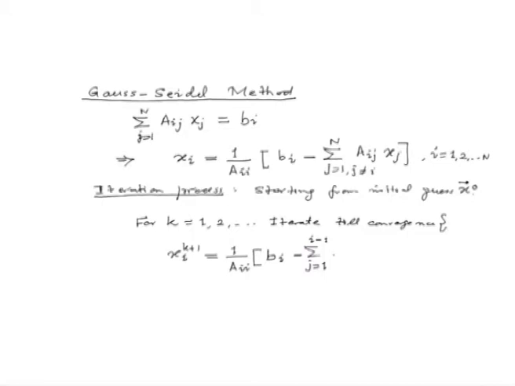So use that value, that is a_ij x_j^(k+1), and then the next part, minus sigma j is equal to i plus 1 to n a_ij x_j^(k).